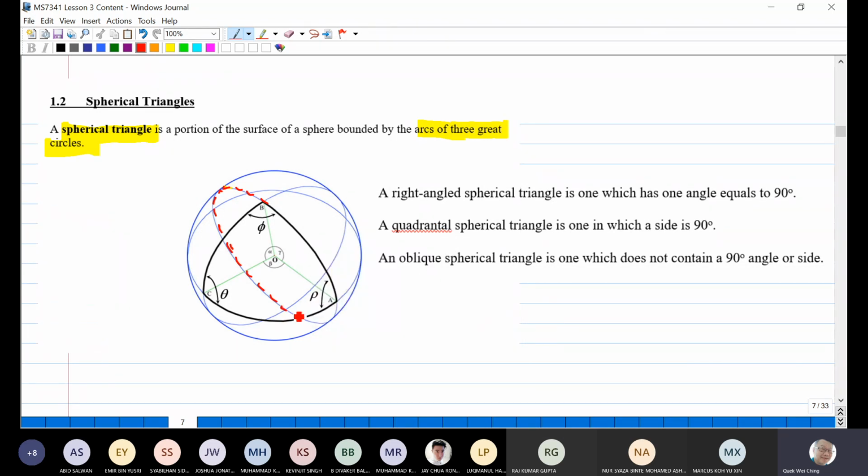What you are actually taking is this portion of the great circle. So they form a part of a spherical triangle. Then you have another great circle passing through the center of the Earth there. So, for example, this one is a great circle.